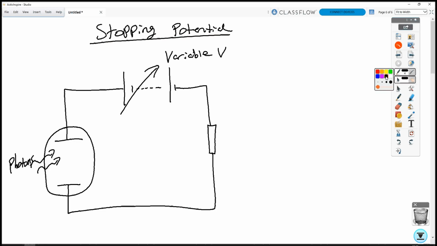So we write down, to stop the electrons, the potential across the plates has to be big enough that they cancel the kinetic energy.